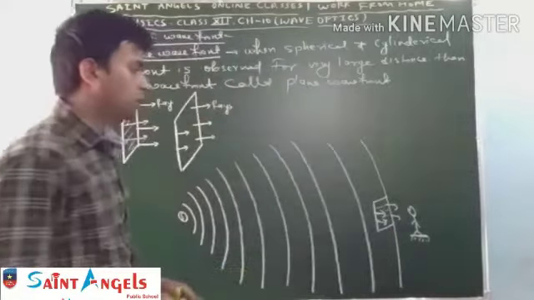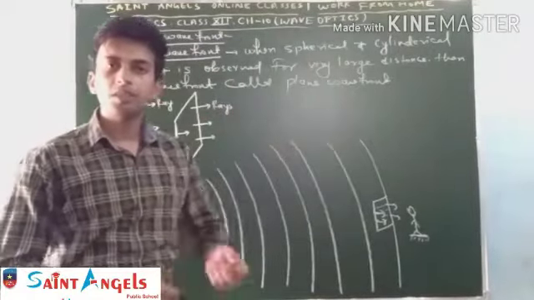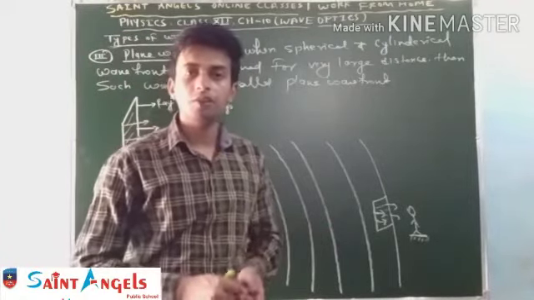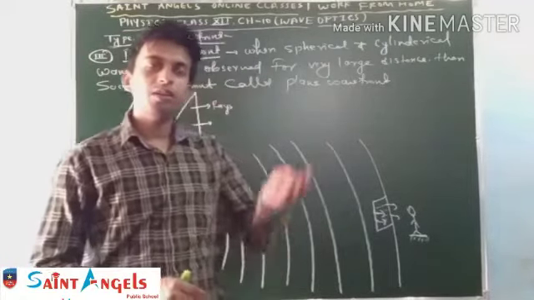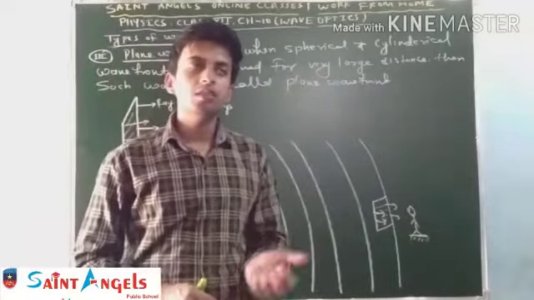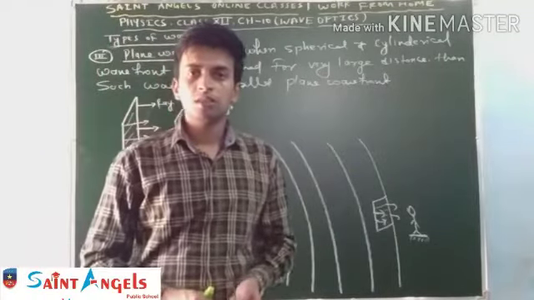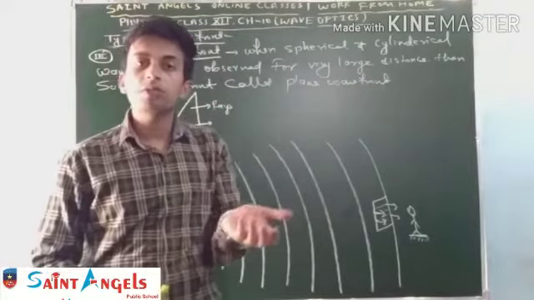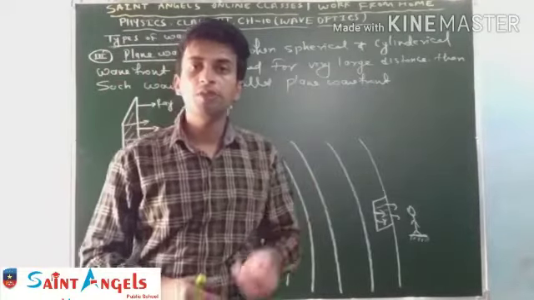For example, as we know, the sun is a spherical source of light, so it produces a spherical wavefront. But when we observe the sun from the earth, the wavefront received by the earth's surface is not a sphere, it is a plane wavefront.